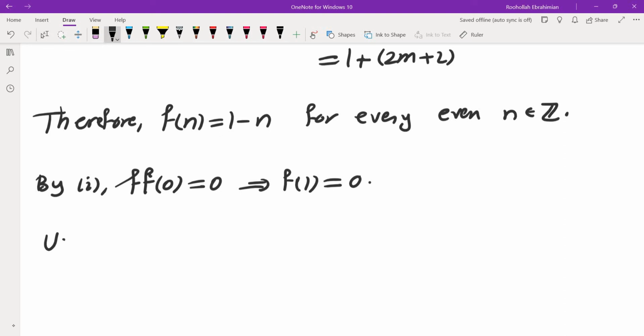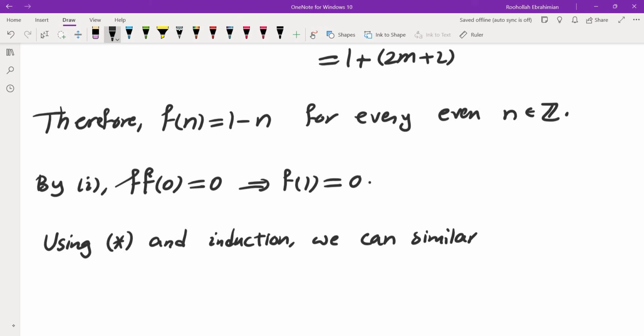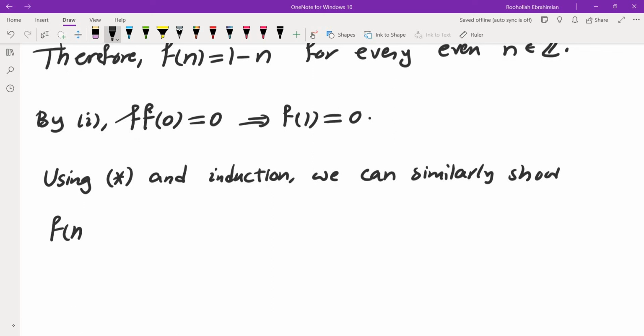So now, using star and induction, we can similarly show f of n is 1 minus n for every odd integer as well.